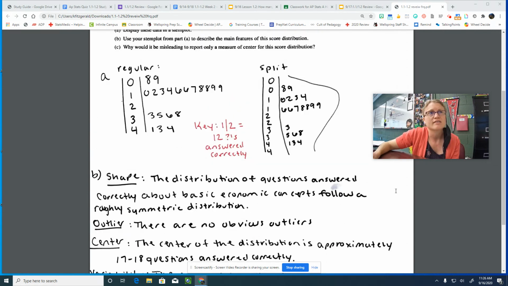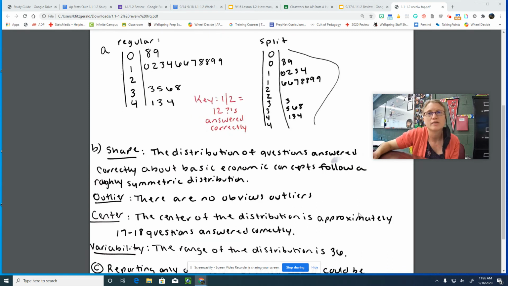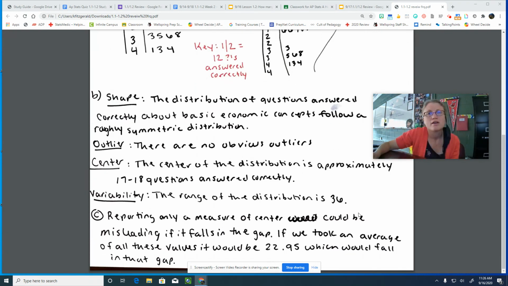For part C, it's asking what would be misleading to report for a measure of center. So for our center, we counted to the middle, which is about the median. So that would work. The other options for center, a lot of people like to say the average. So for part C, this is kind of a bonus question, you could report the average.